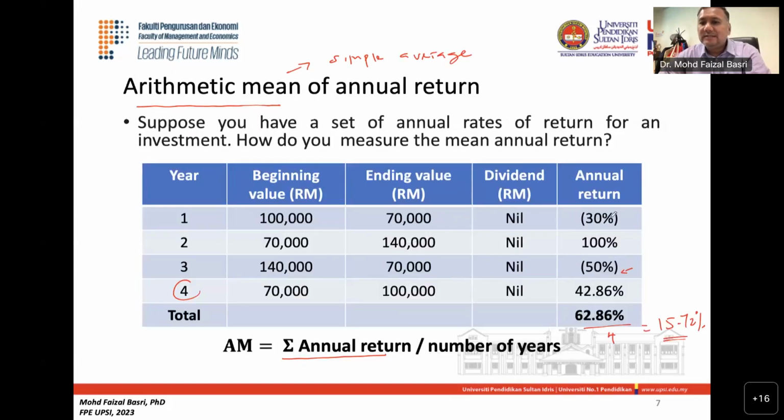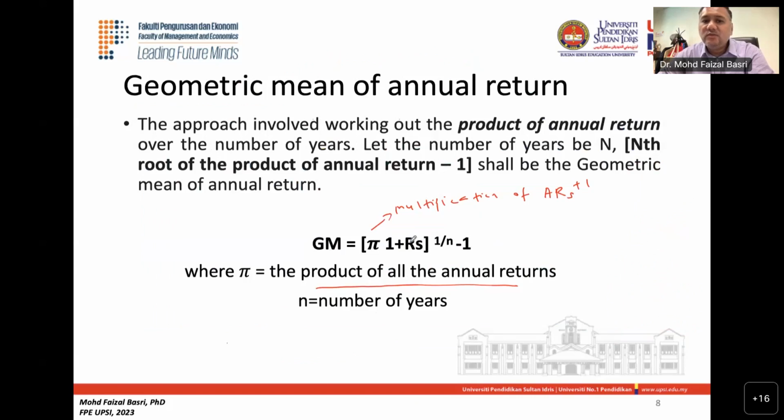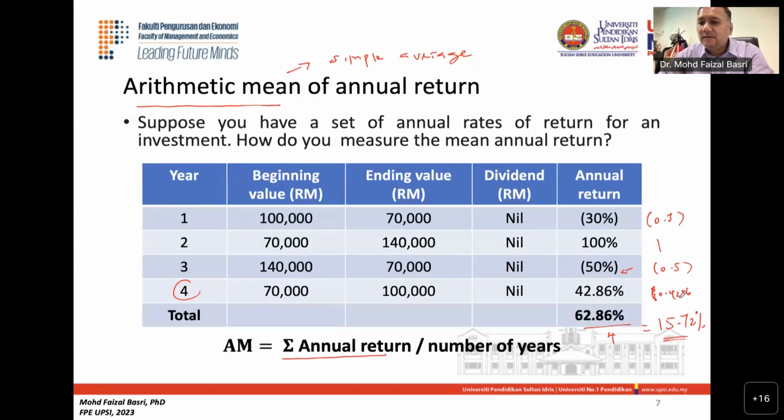Because all of our returns here, if we convert the percentage into decimal form, this would be negative 0.3, not a percentage. So this one is 1, this one is negative 0.5, and this is 0.4286. Sorry, there's no negative here. So in order to use the geometric mean, we have to add 1 to all 4.